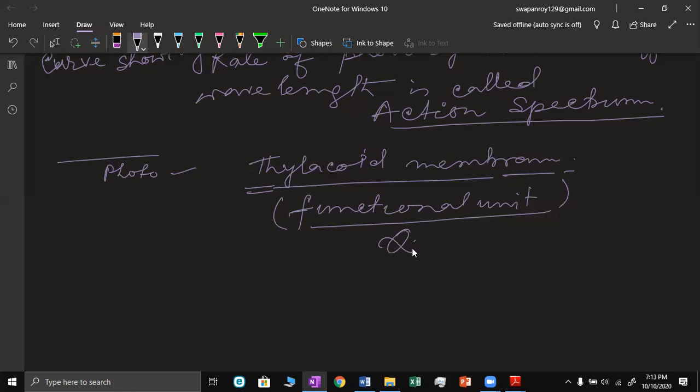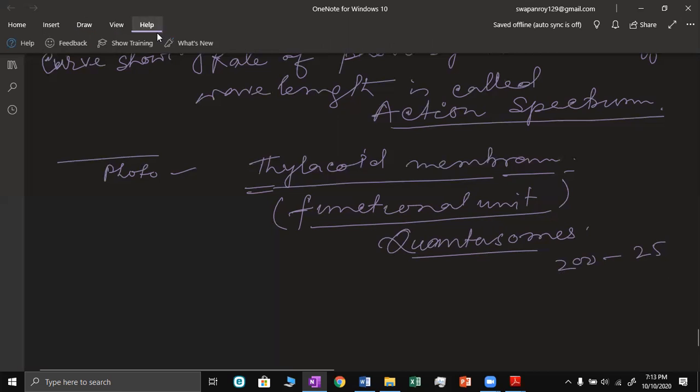Sometimes we call this a quantasome. About 200 to 250 photosynthetic pigments are there in a functional unit.